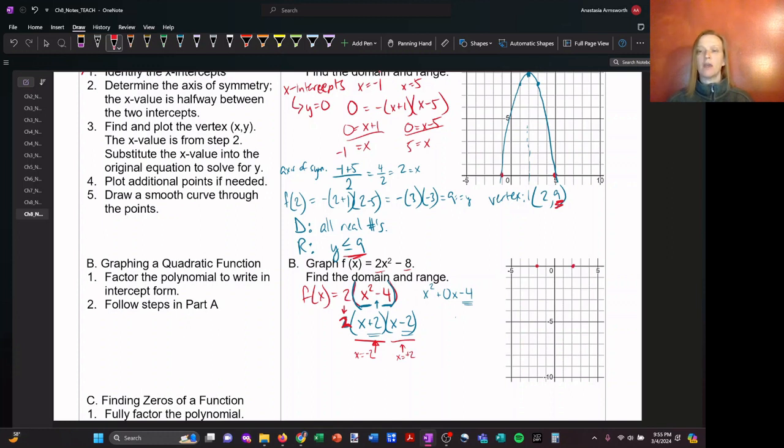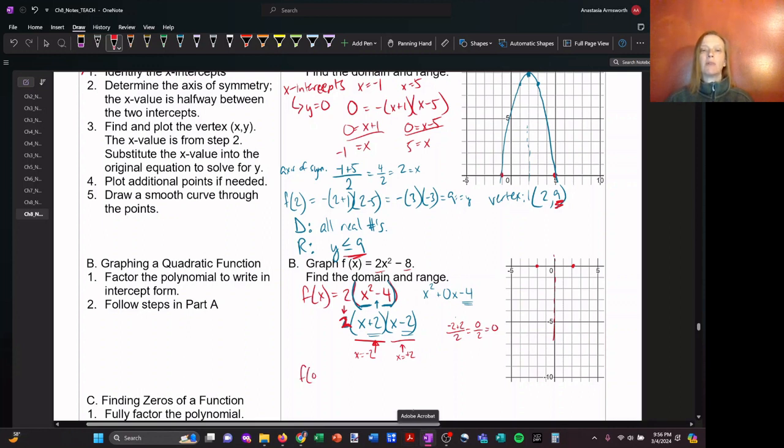So I'll have another root, another x-intercept over here. And because my intercepts are at -2 and +2, if I take the average of those, -2 plus 2 is 0, and 0 divided by 2 is 0. So my axis of symmetry is right here on the y-axis.